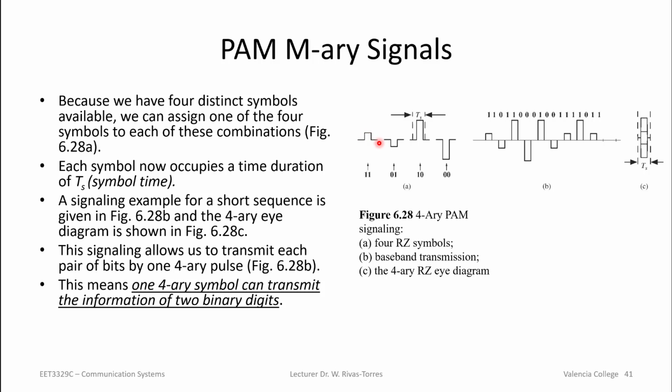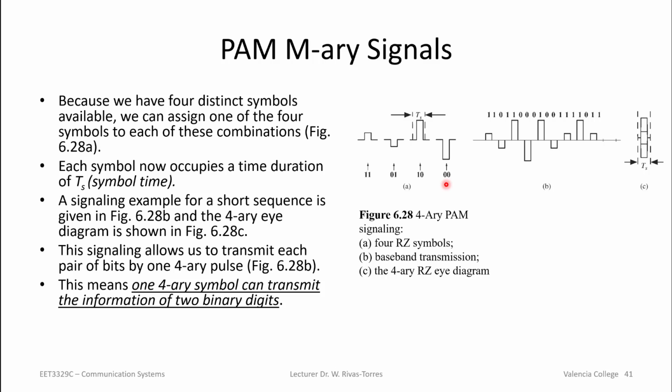It looks very similar to the ones we've had so far. 0 1 would be just the 1 1 pulse inverted. But look at 1 0. 1 0 looks like the 1 1, but it has a different height. And the same thing for 0 0. It looks like the one for 0 1, but it has a different height. So there are your four pulses. They're distinct, and each one can carry 2 bits.